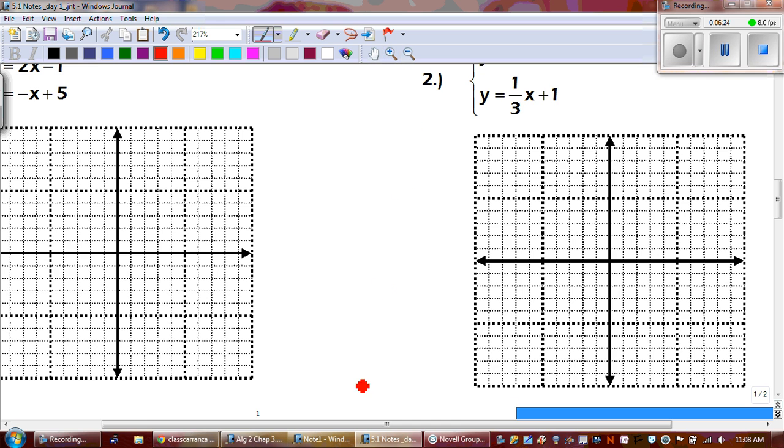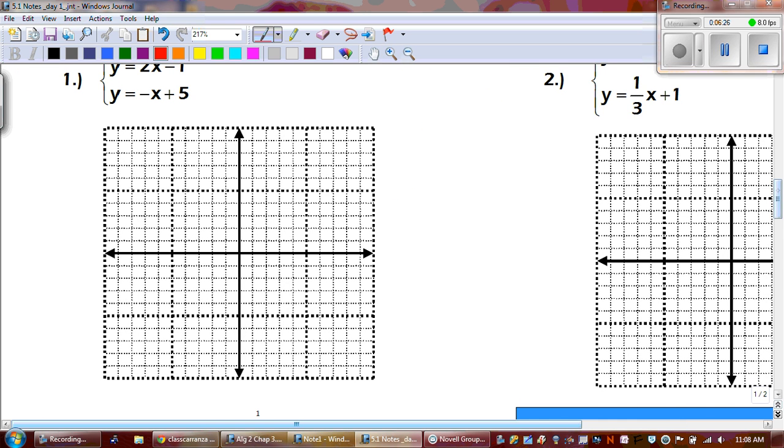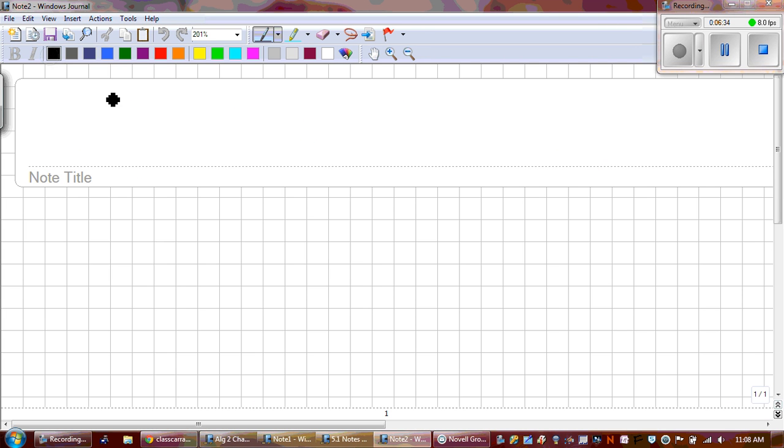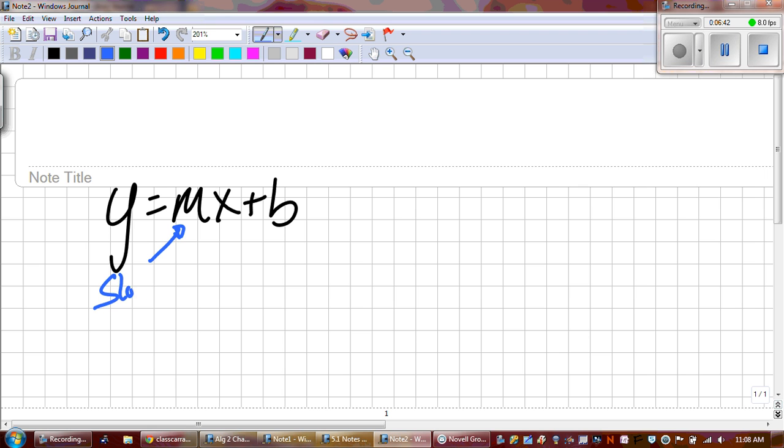So let's remember some graphing. A couple reminders. When it's y equals mx plus b, m is your slope, and b is your y-intercept. This is a diagonal line.